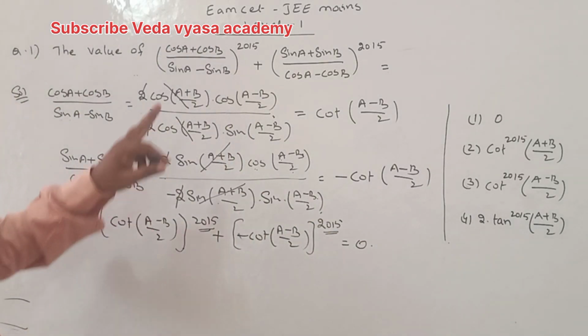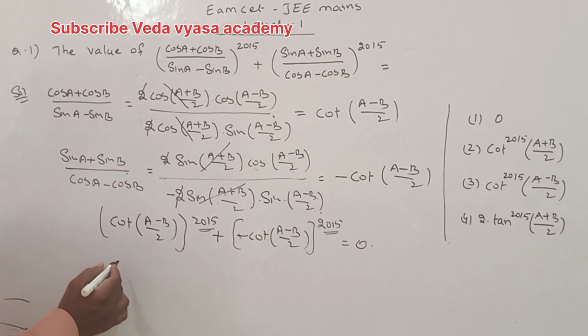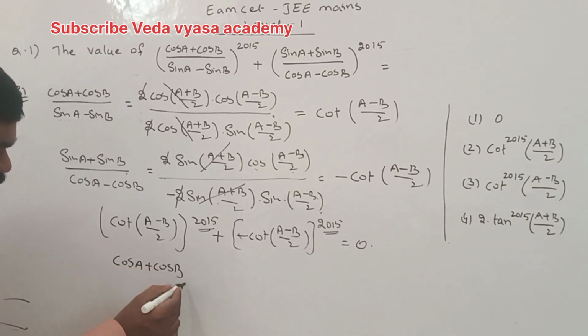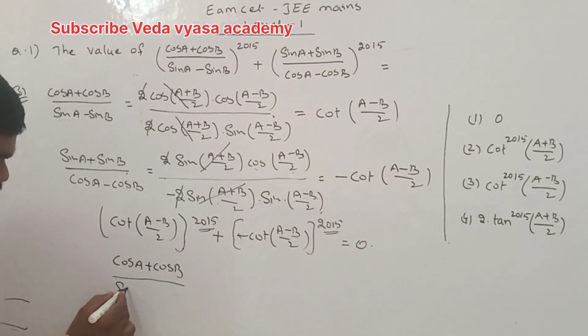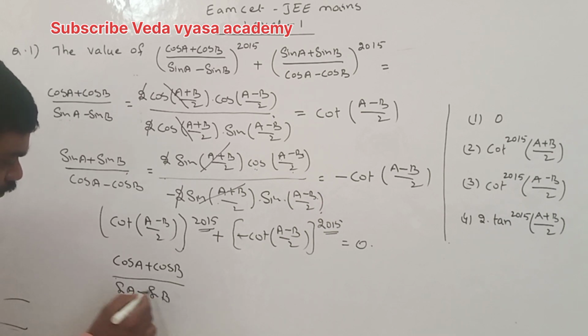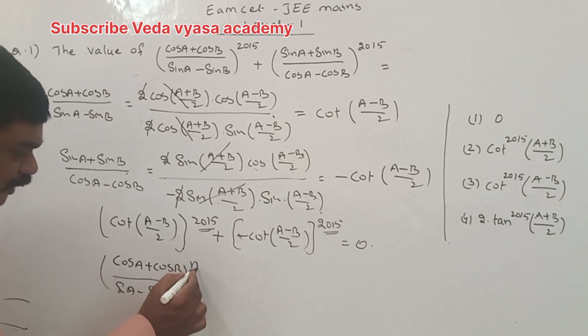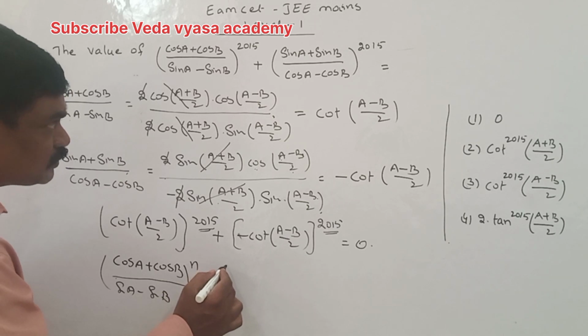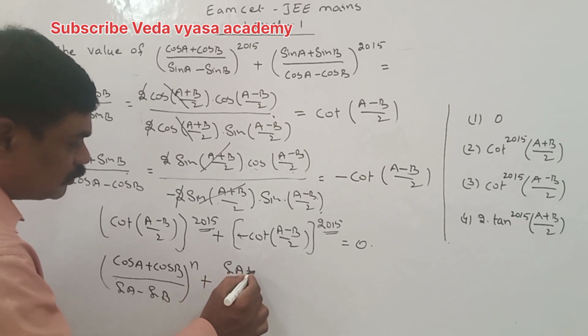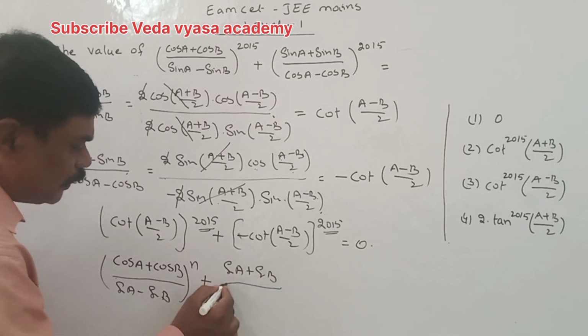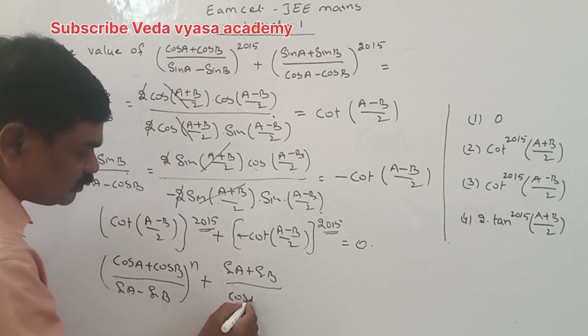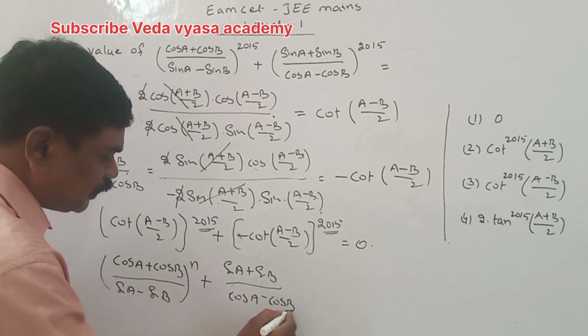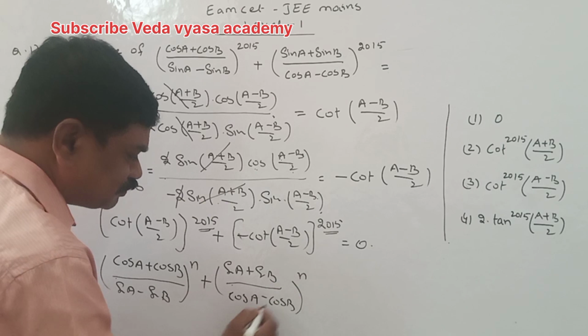Okay, suppose this is in the form of ((cos A + cos B)/(sin A - sin B)) whole power n plus ((sin A + sin B)/(cos A - cos B)) whole power n.